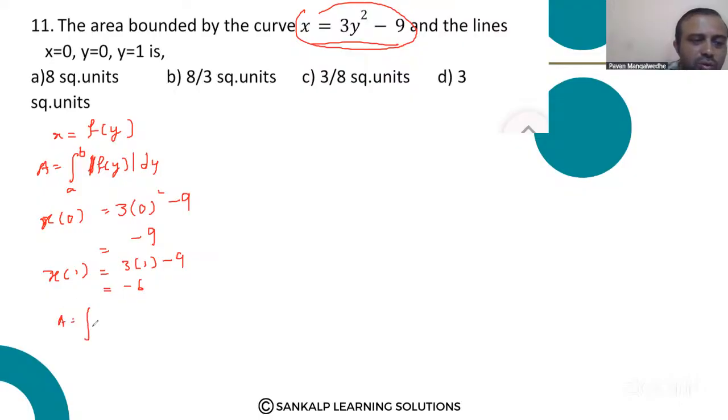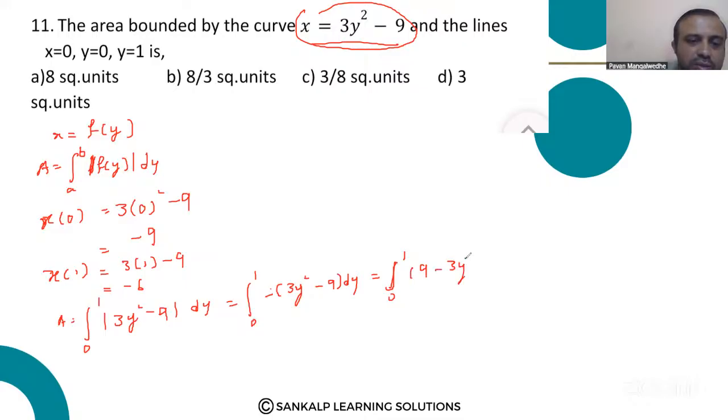A is equal to the integral from 0 to 1 of mod of 3y square minus 9 dy, which is equal to the integral from 0 to 1 of 9 minus 3y square dy.